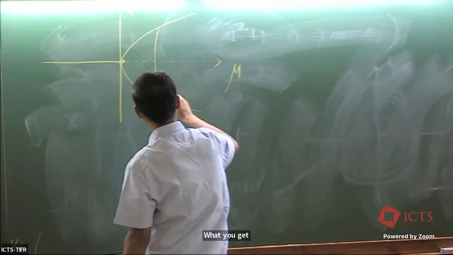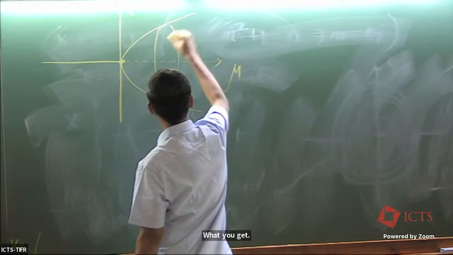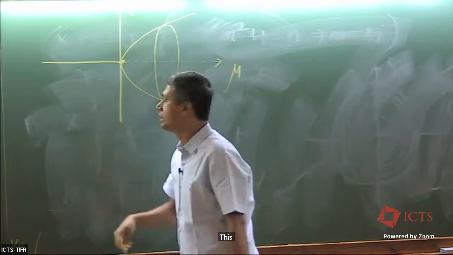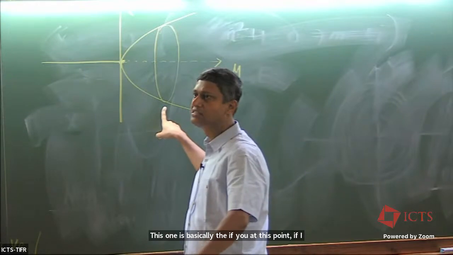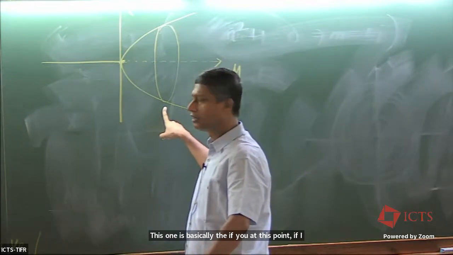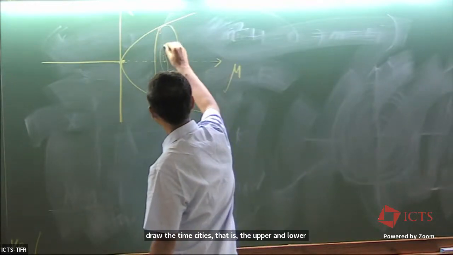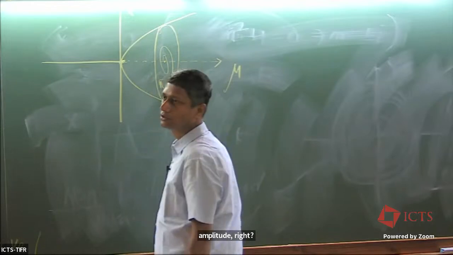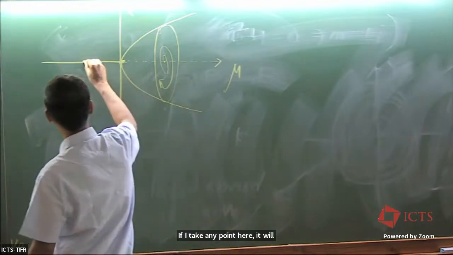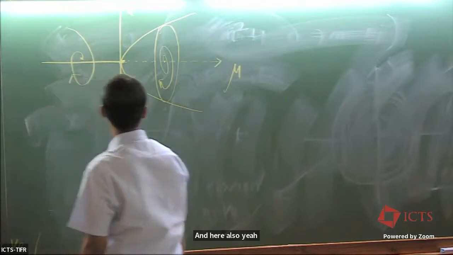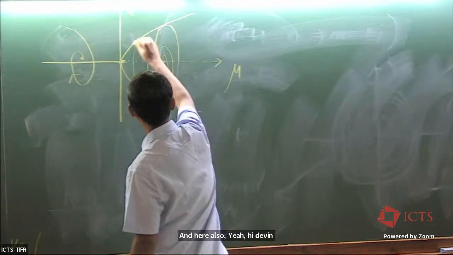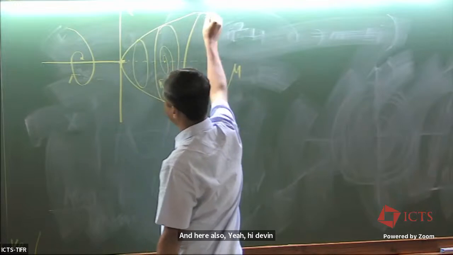this one is basically, if I draw the time series, the upper and lower amplitude, right? If I take any point here, it will basically converge to that point, and here also they are spiraling inward. So what has happened here?